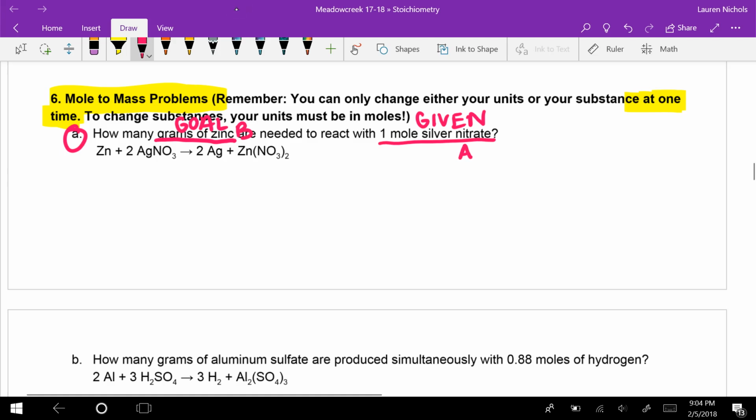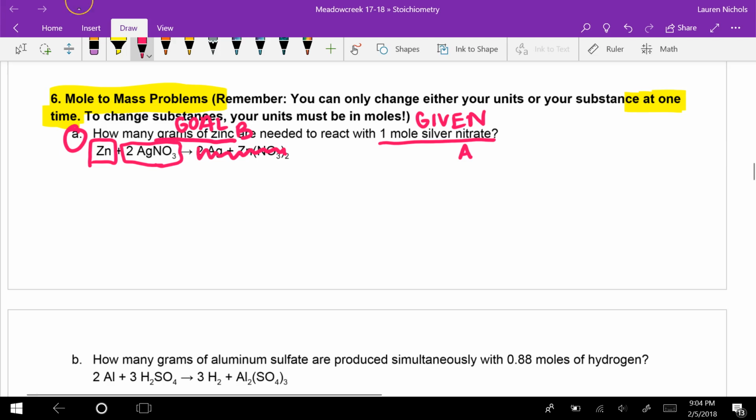And notice silver nitrate, that's going to be the one that has silver, which is Ag, and nitrogen in it. So I'm talking about this part of the equation here. And zinc is right here. So that means I can ignore these other ones. I don't really care about those in the equation because they're not part of my given or my goal.